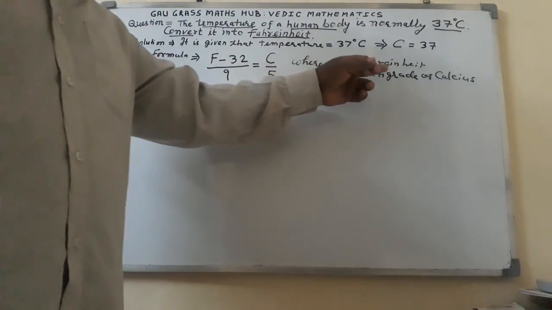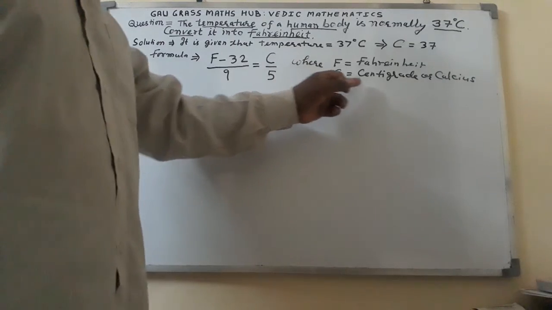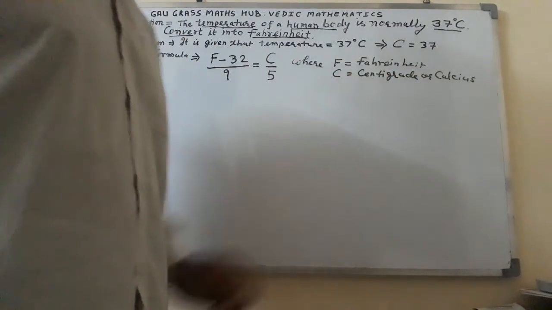F equal to Fahrenheit, the unit of temperature, C equal to centigrade or Celsius.